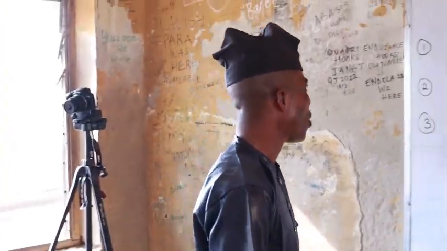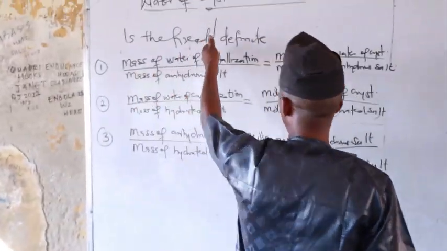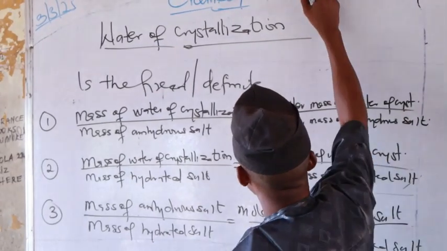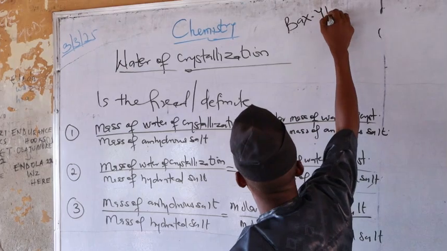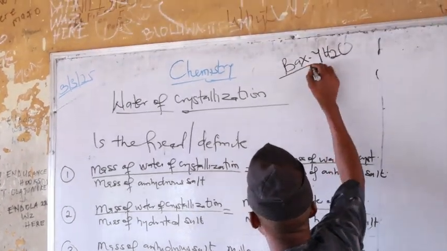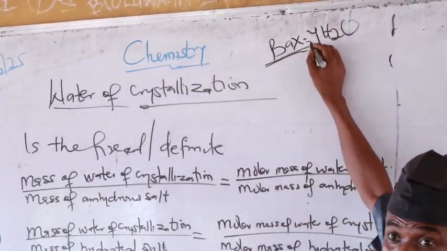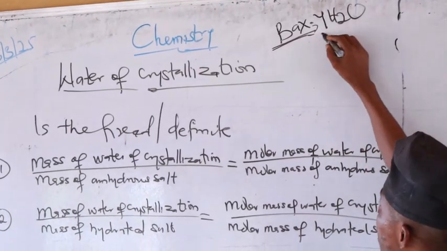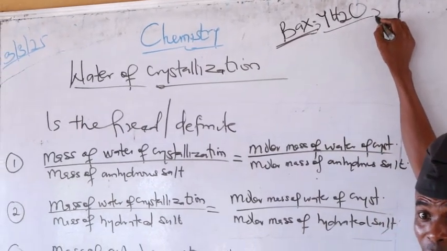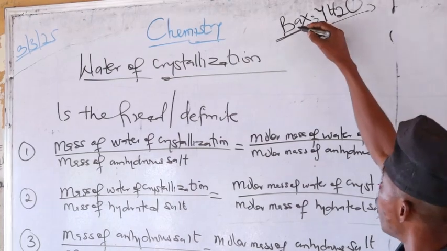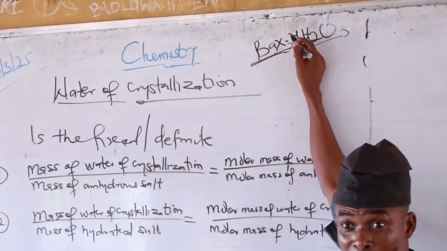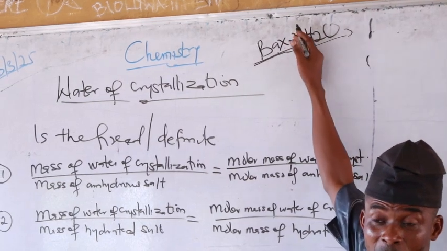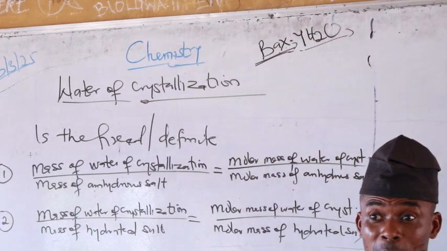Now if you go by number 1, number 1 says mass of water of crystallization. We assume that the salt is something like this, BaX.YH2O. This is the anhydrous salt, and this is the water of crystallization attached to it. Barium must have an anion, and I have presented X as the anion attached to it to make it a salt.